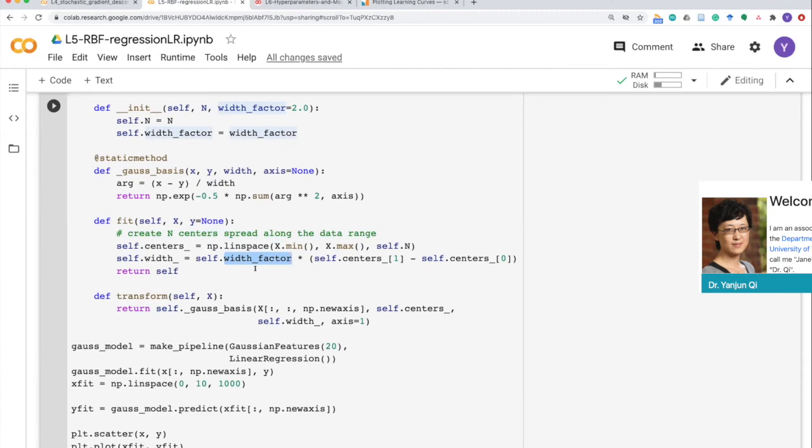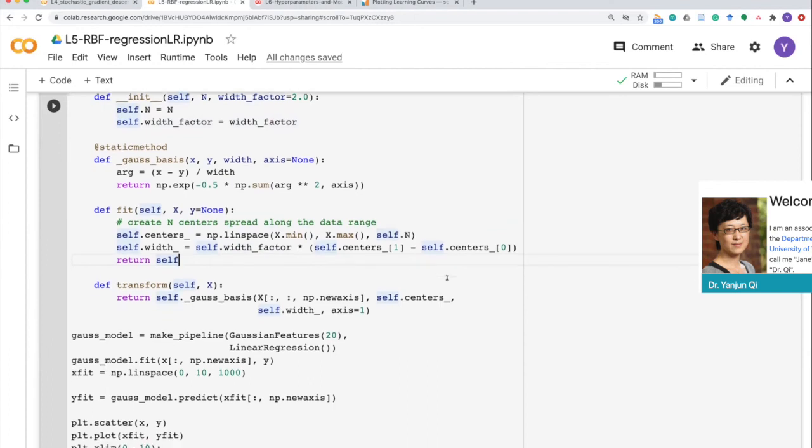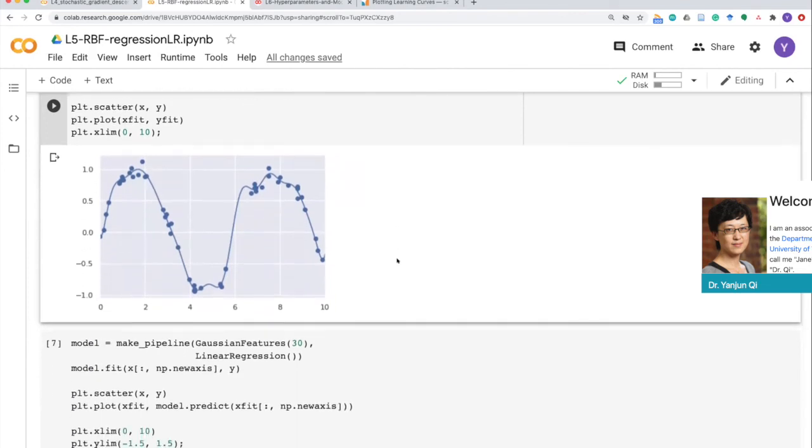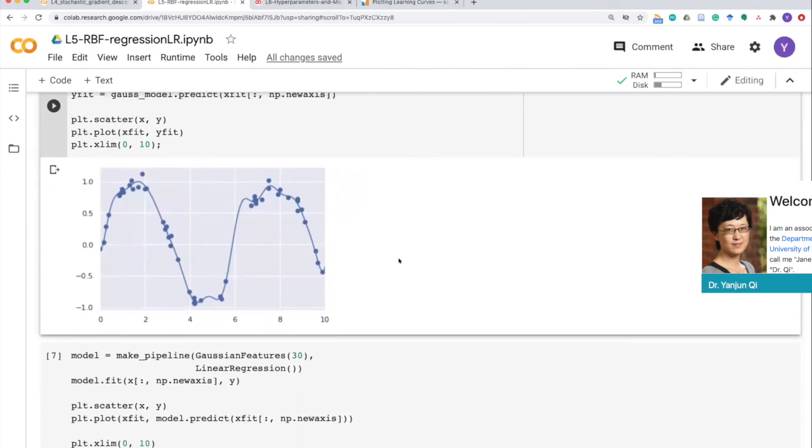There should be some overlaps, because otherwise there's no way to model the lower points, the valley places. All right, so this shows you one case of how to automatically generate and select centers, and also select wideness. So we see this, right? This picked 20 centers.